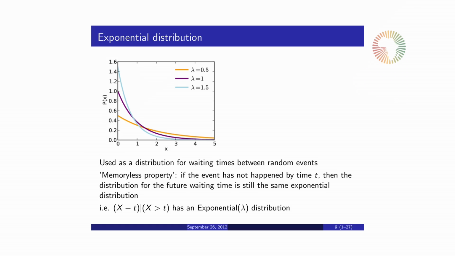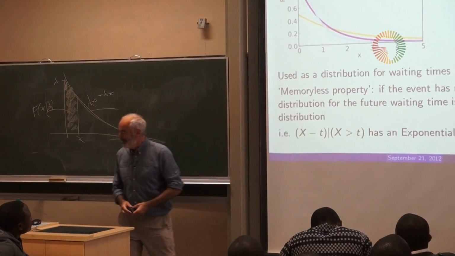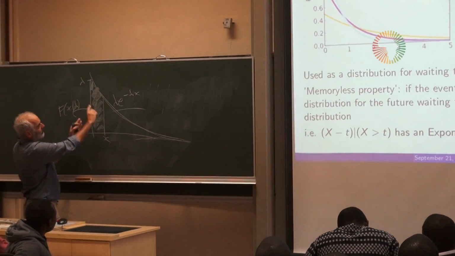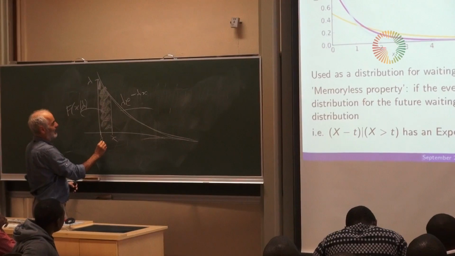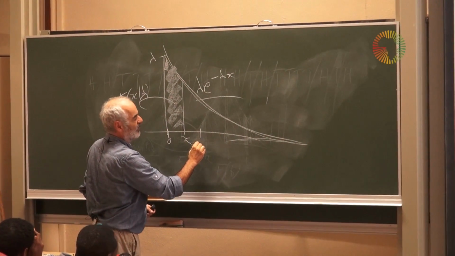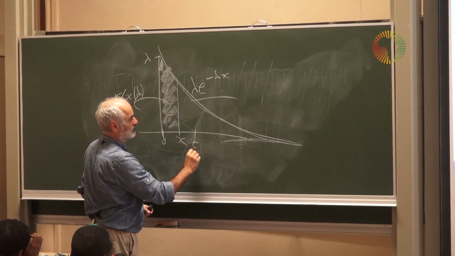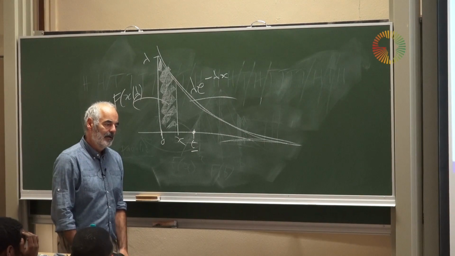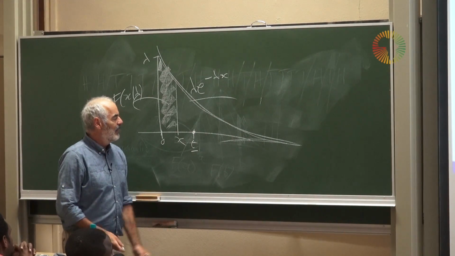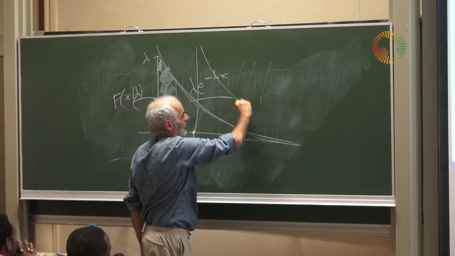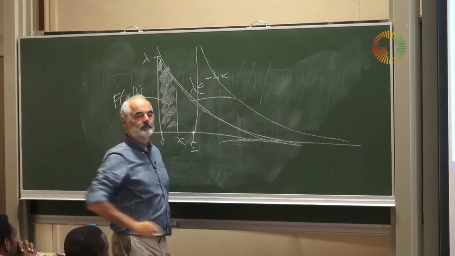And it's got this memoryless property. Yeah, it's amazing. Here's an exponential distribution. If I'm waiting for something to happen, and it hasn't happened by this time, t, so I'm waiting, and nothing's happened, then my waiting time from t onwards is exactly the same distribution.